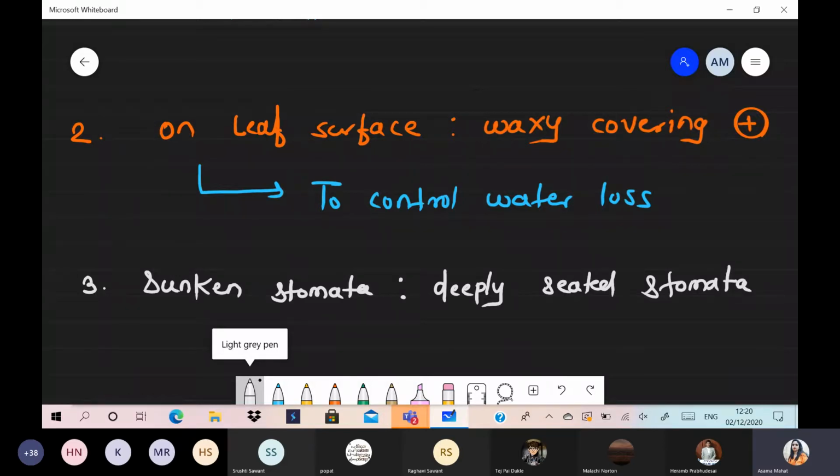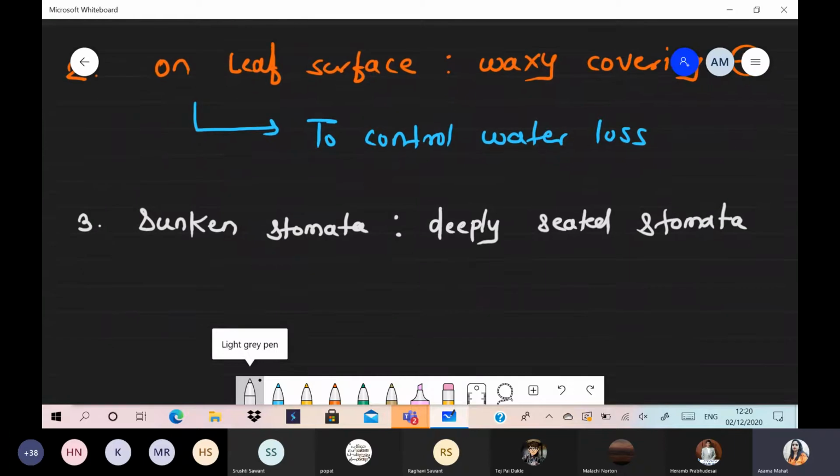What is the function of the sunken stomata? What is the function of stomata? Water loss, transpiration. If the stomata are not exposed, if they are deeply seated and hidden, then again there is minimum loss of water.